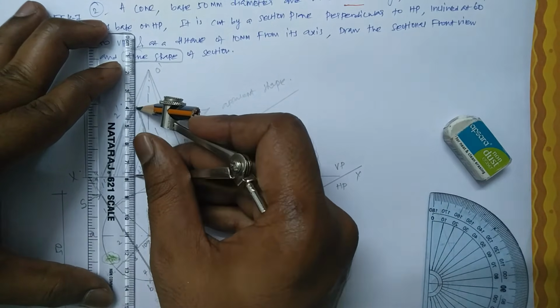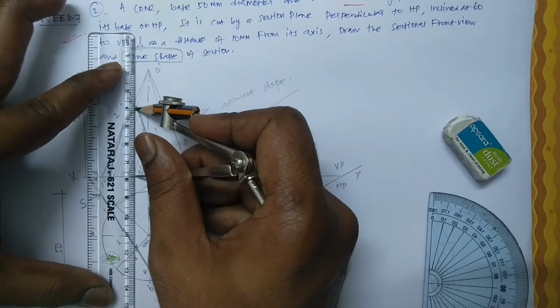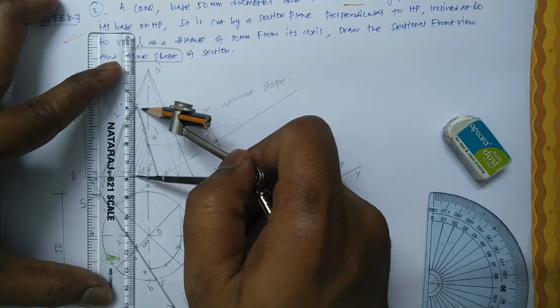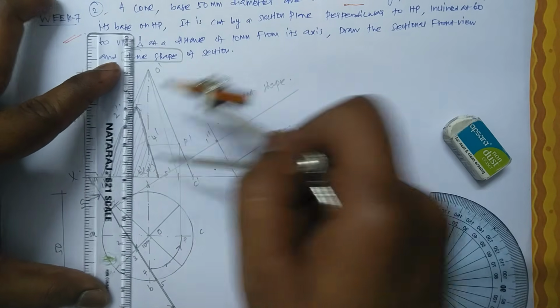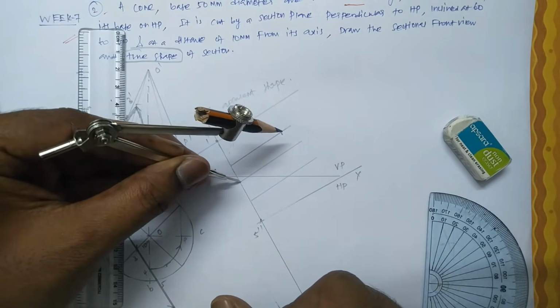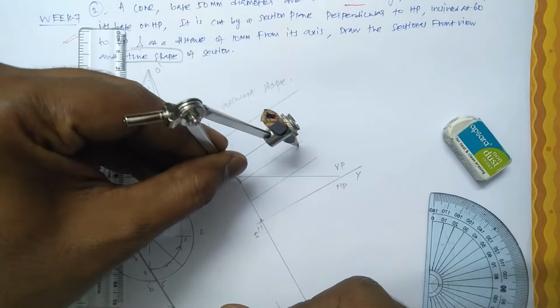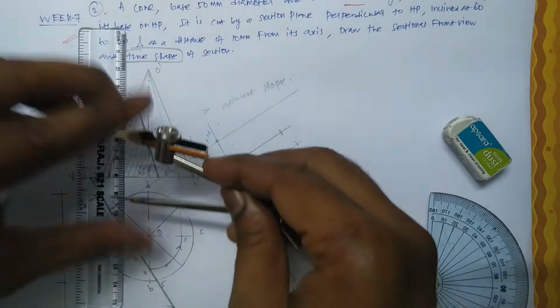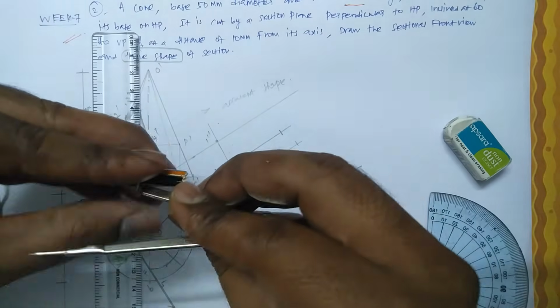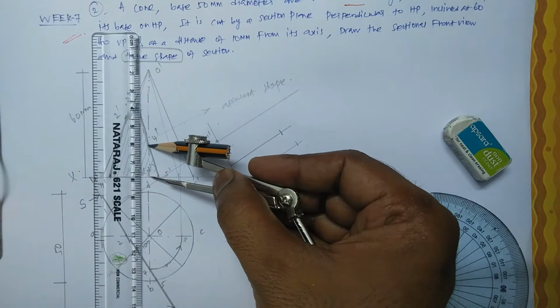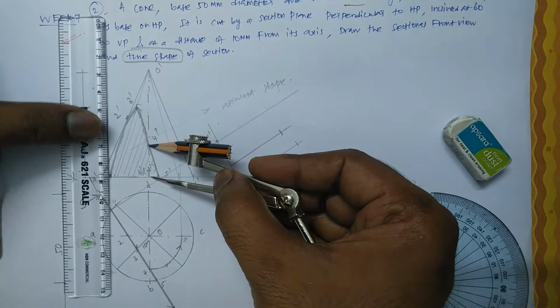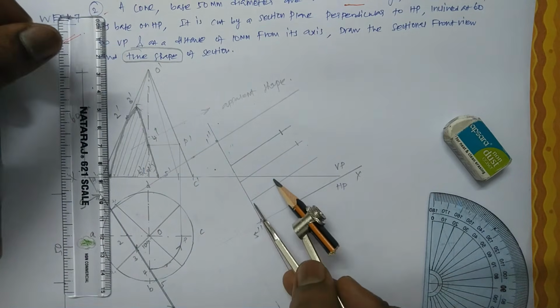I am measuring here. See, from the base to 3 I am measuring, from base to the particular edge of 3, and I am transferring to the third line. And 4, see the 4 distance I am marking from base to 4 dash. I am transferring to the fourth line.